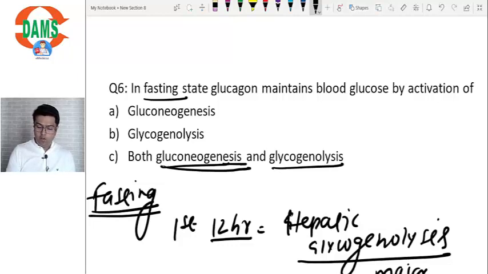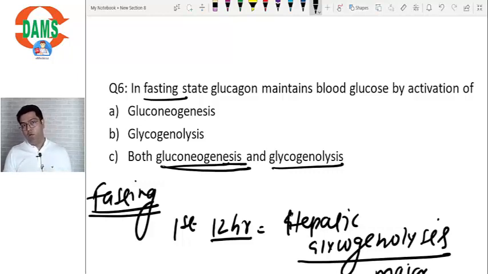Cortisol also does the same. If cortisol increases the blood sugar, then I will mark the answer gluconeogenesis only. If the option was only cortisol, cortisol does not directly increase glycogen degradation. Epinephrine and norepinephrine in the stressful state can cause glycogen degradation, but not cortisol.